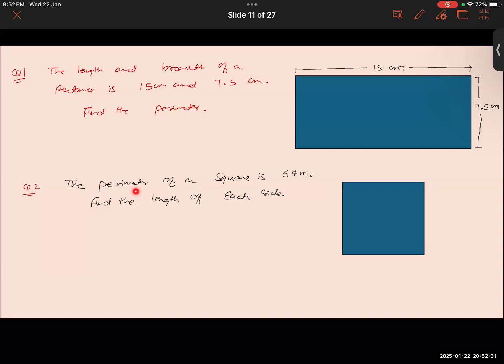By definition, perimeter is the sum of the length of the boundary, right? The sum of all this total, isn't it? So it is given that the perimeter is 64 meter, right? What would be the length of each side? What is the length of this side, this side, this side, and this side? That is what you have to say. You getting it or not? Okay. First do this question. First question.